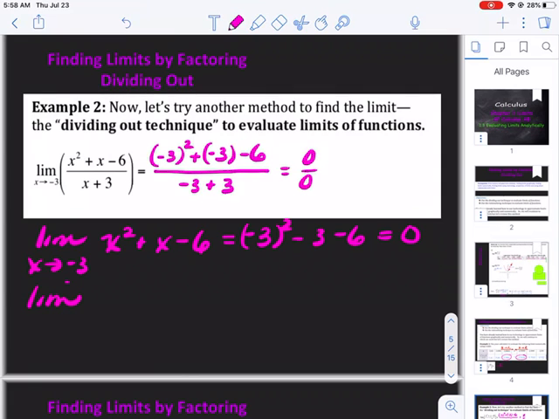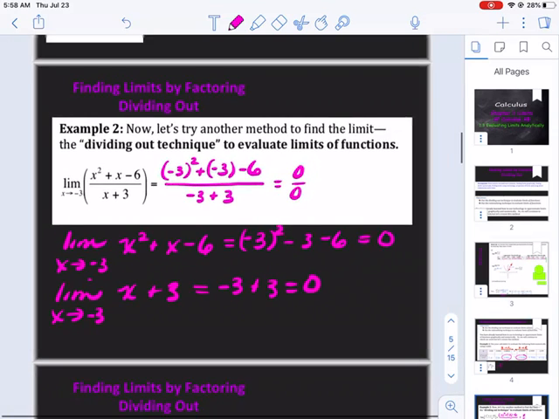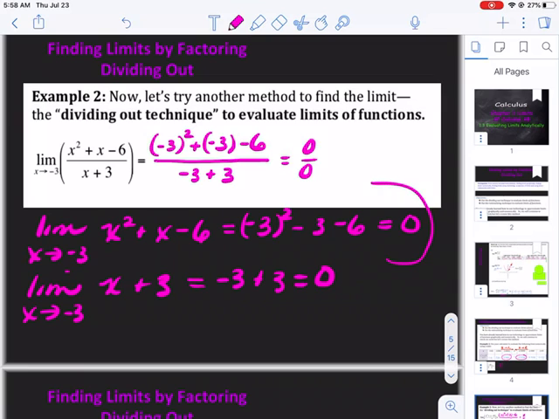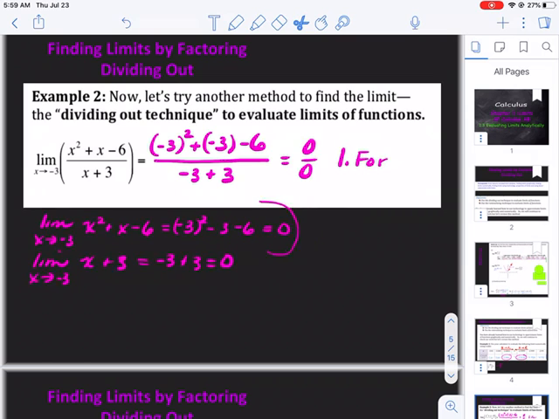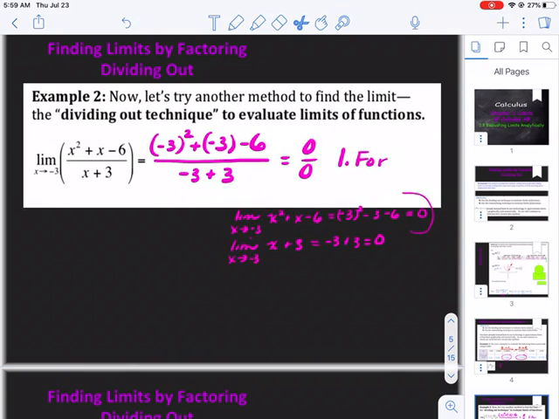And the limit as x approaches -3 of x plus 3 is equal to -3 plus 3, which is equal to 0. So they're both equal to 0, so that would give us an indeterminate form. That means we have to manipulate or do something else. There are some more advanced methods, but we have to do something to be able to get our answer.